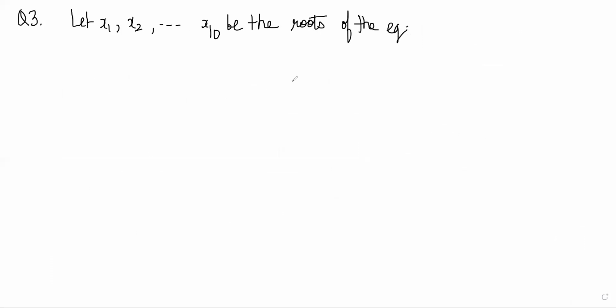The next one is this. Let x1, x2 till x10 be the roots of the polynomial equation x power 10 plus x power 9 plus so on plus x plus 1 is equal to 0.